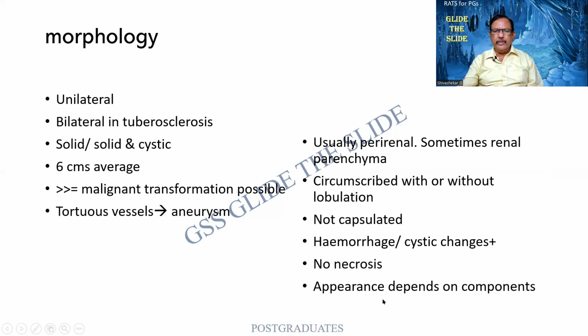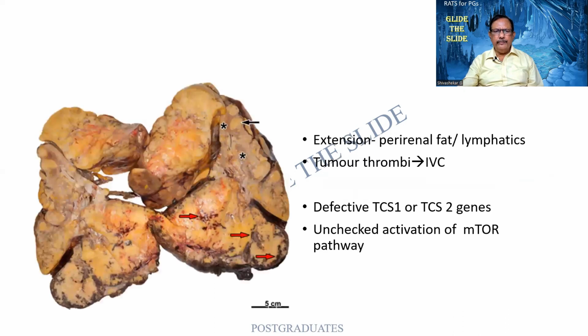The appearance depends on the components. Yellowish color, more of adipocytes. Look at this. I am able to see the parenchyma over here, and it can extend into the perirenal fat via the lymphatics. There might be tumor thrombi which lead to the inferior vena cava.